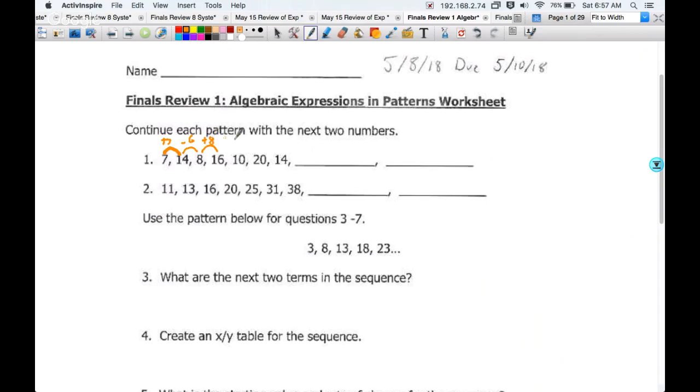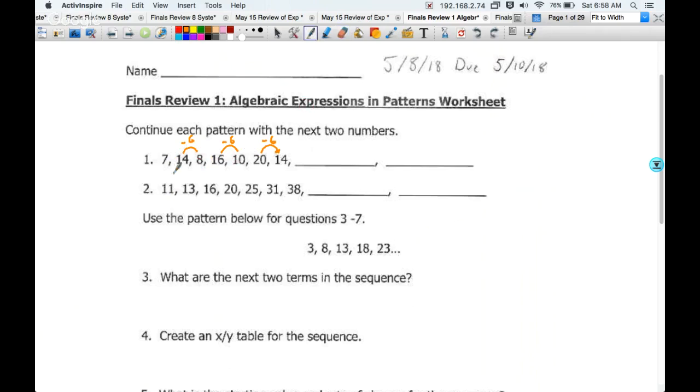Then I add 8. Well, then I subtract 6 again, and then I add 10. And then I subtract 6. So the only thing that is constant here is that every other time I subtract 6. So these ones aren't the same, but every other one I subtract 6.